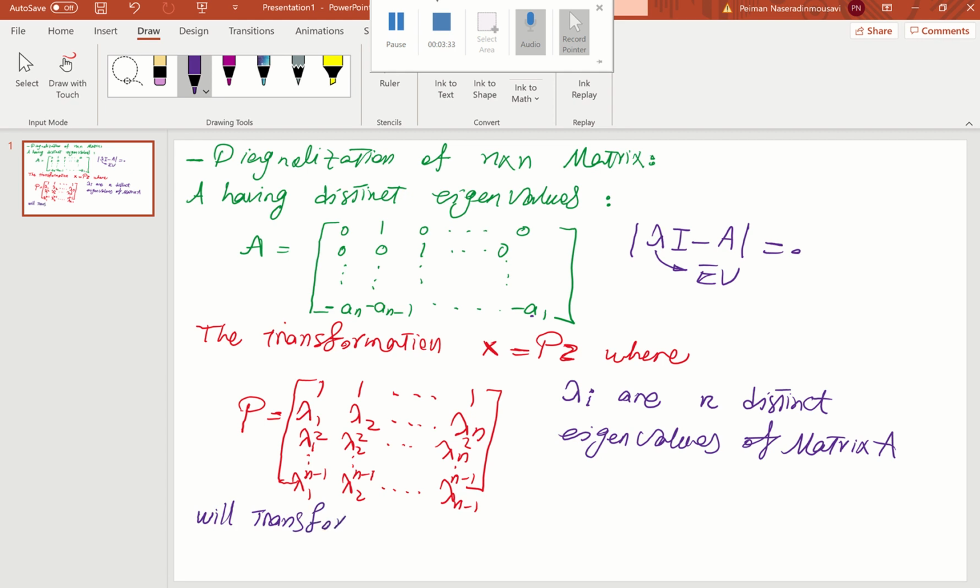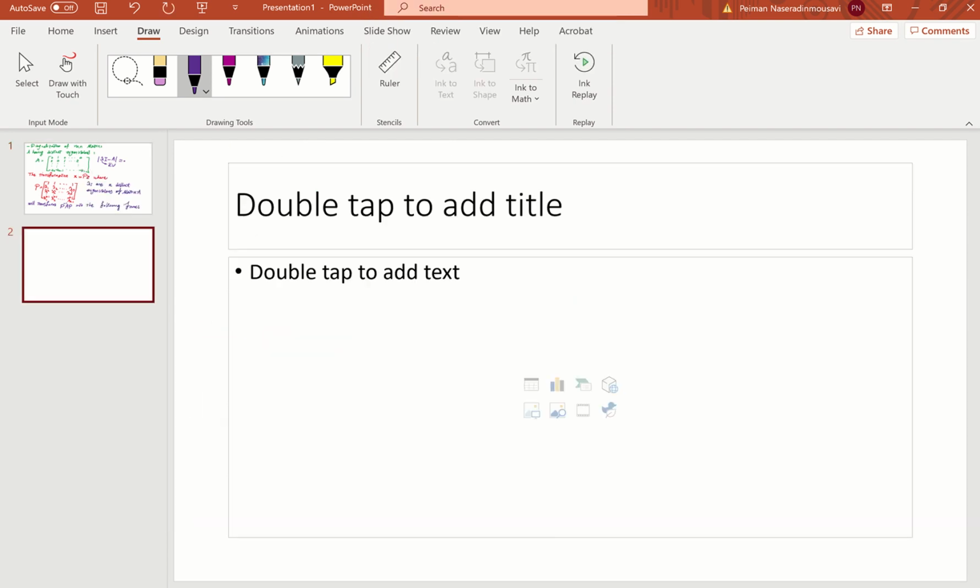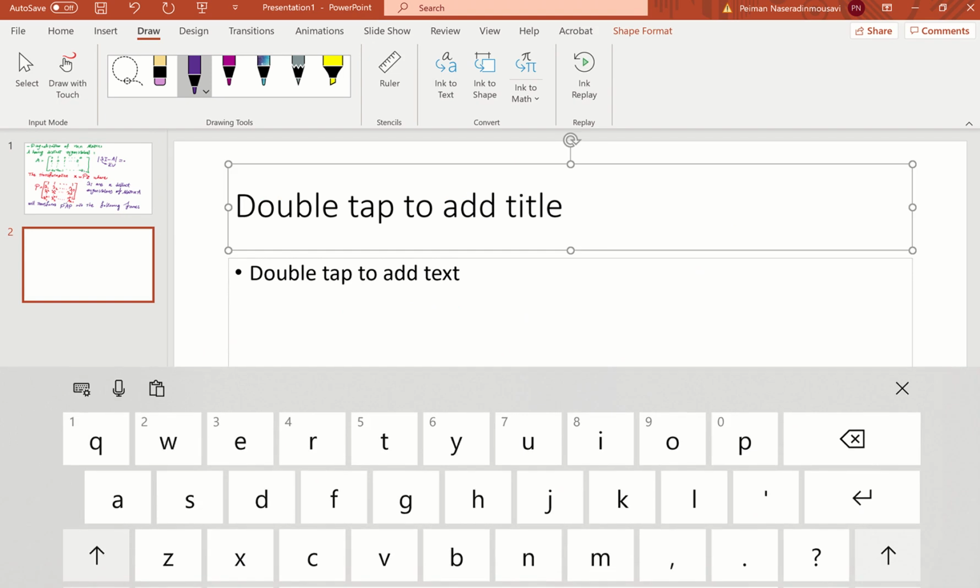So by applying this transformation, it will transform the original matrix into the following diagonal form, guys.